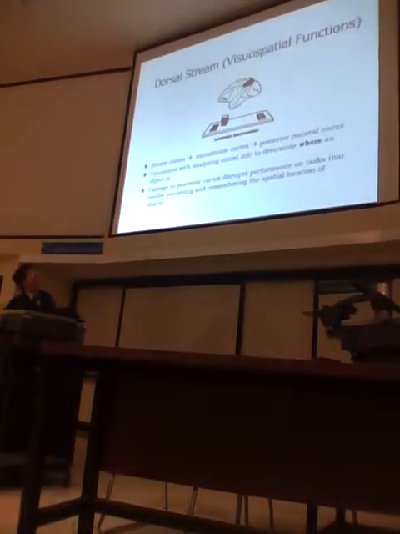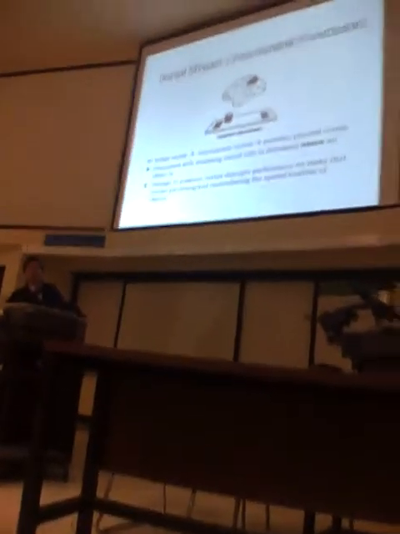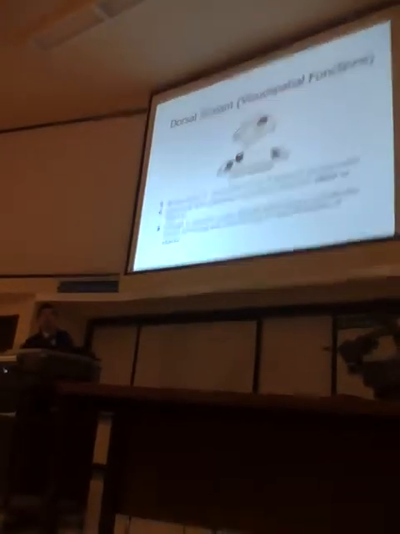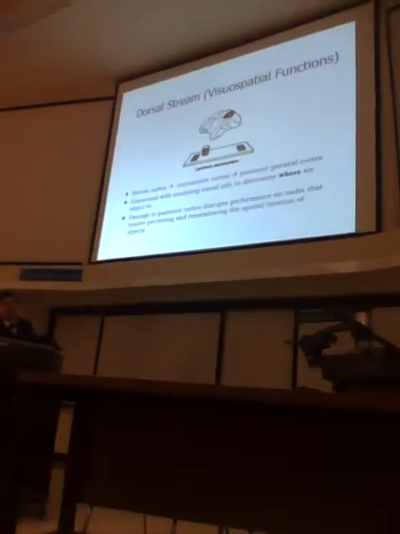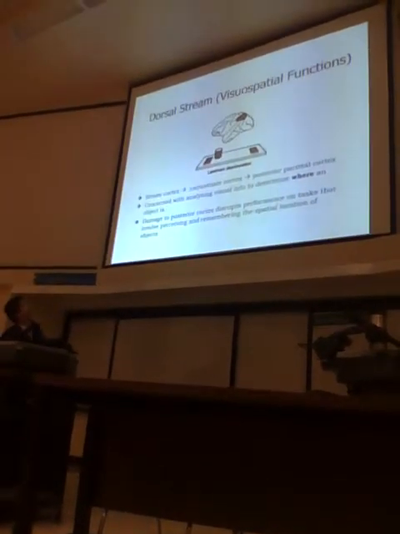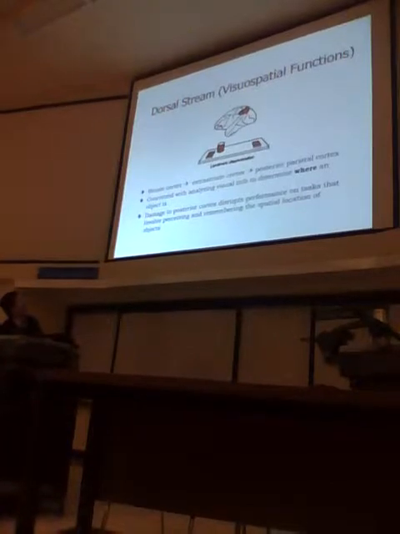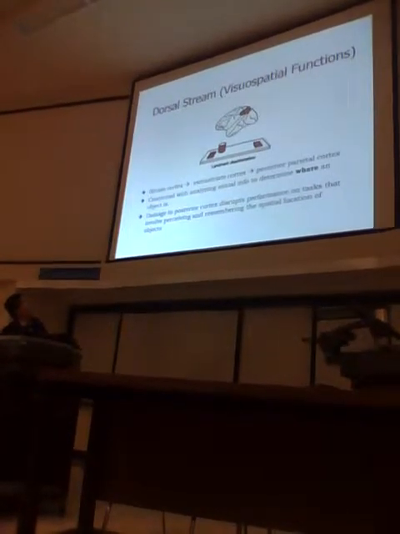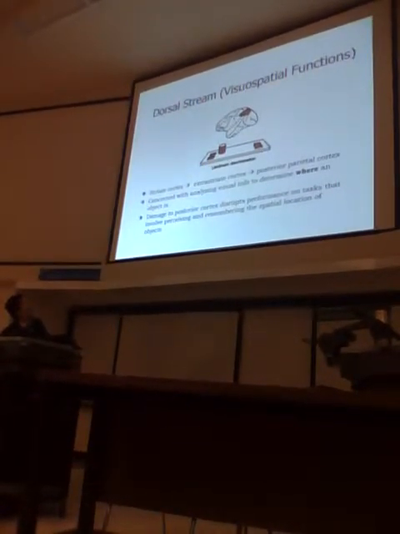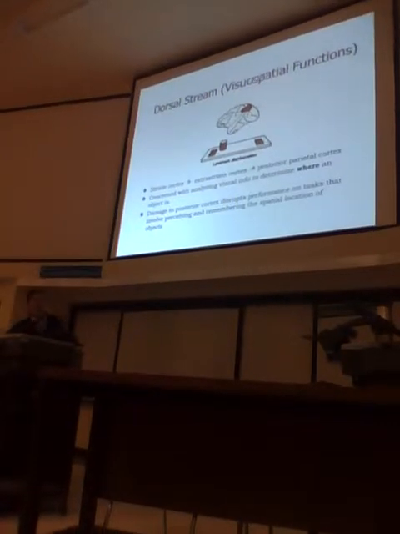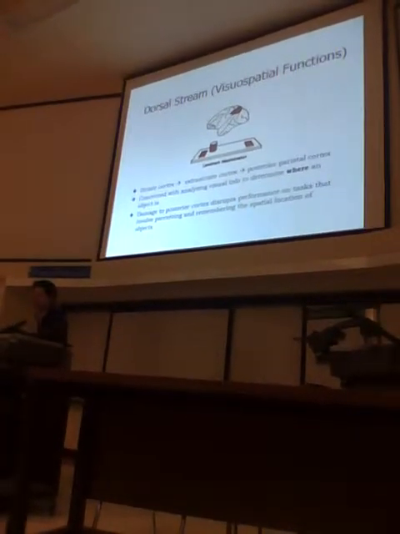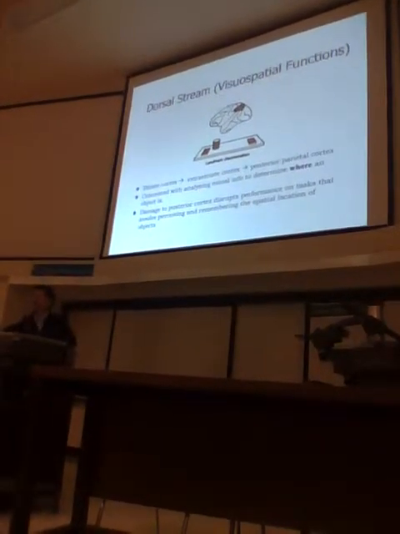So, if you injured your dorsal stream, which terminates in the posterior parietal cortex behind the primary sensory cortex, the major sensory impairment would be a disruption of performance on tasks that link spatial location to action.